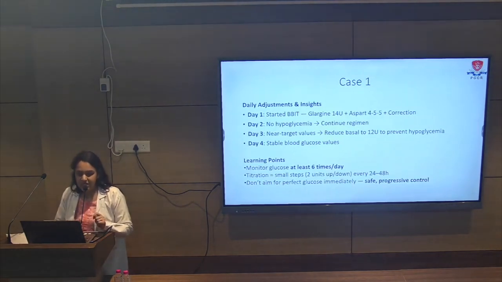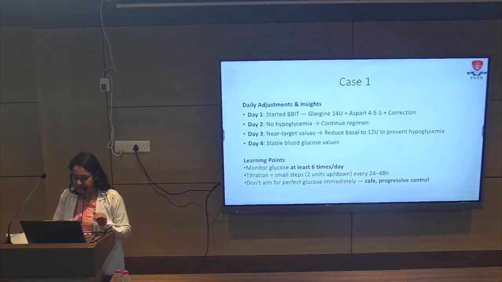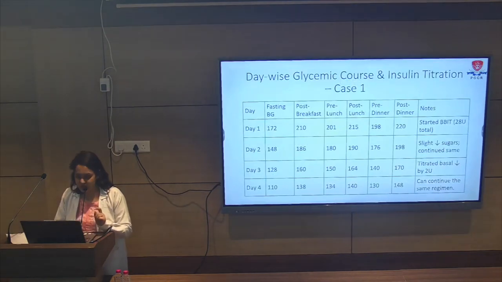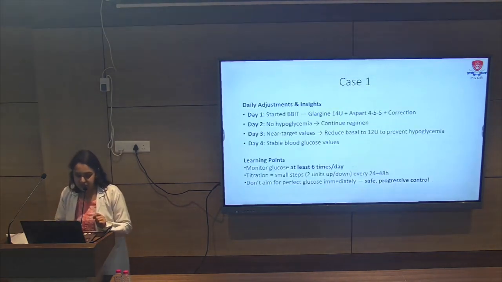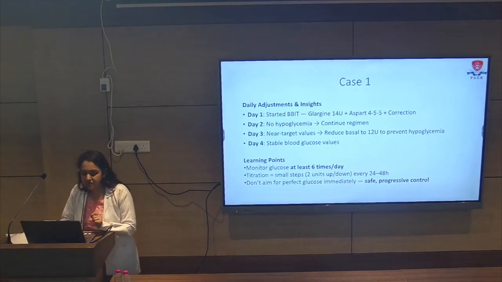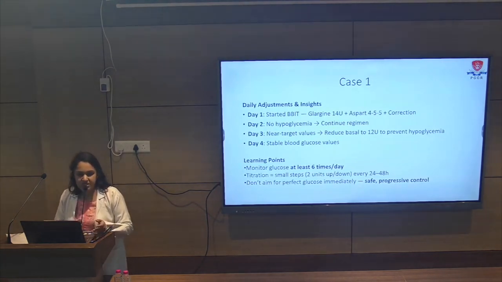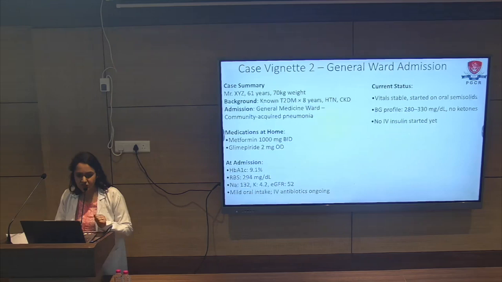On day 3 we got near-target values, and to prevent hypoglycemia we reduced the basal dose to 12 units. And on day 4 we had stable blood glucose readings. So we don't aim for perfect glucose immediately; we go for safe, progressive control.